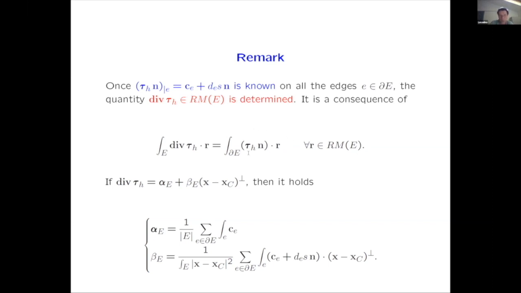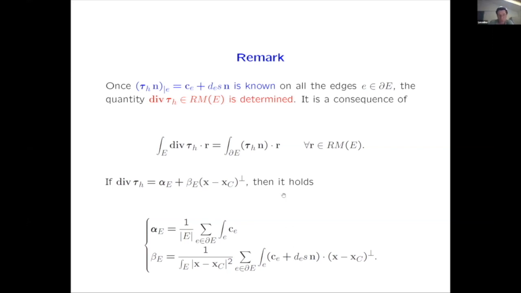And here you may see the explicit description of the divergence once you know that the tractions are given by the parameters CE and DE on each edge.